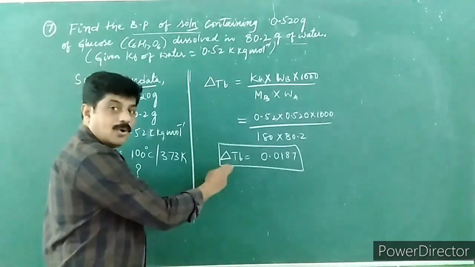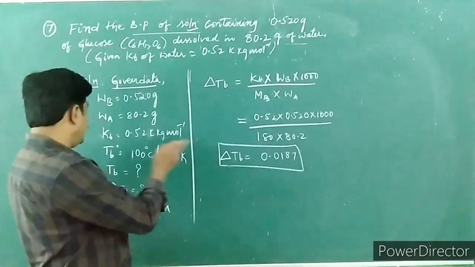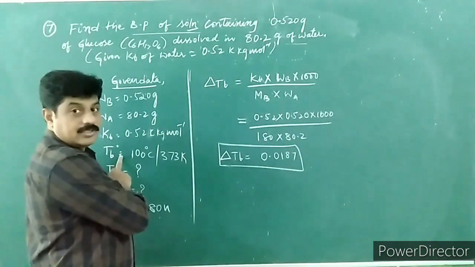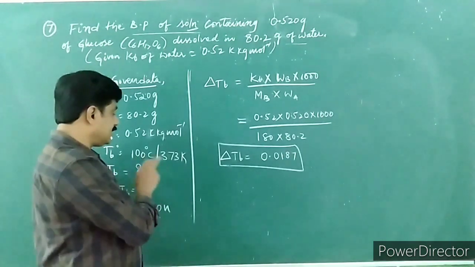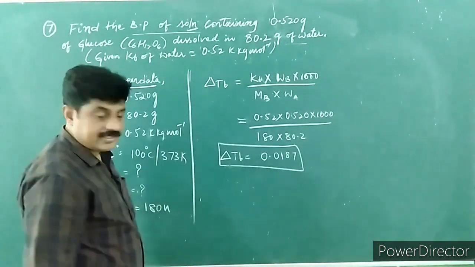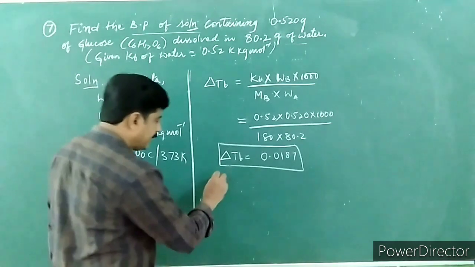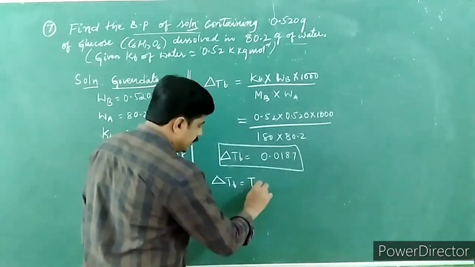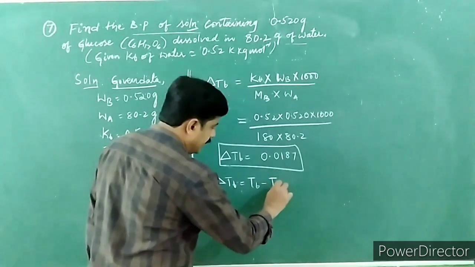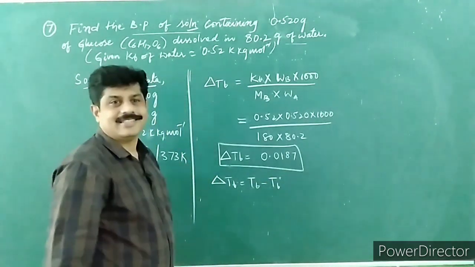Children, you got the delta TB value and you know TB naught, that is the boiling point of pure water, the solvent. In this case, it is 100 degrees Celsius or 373 Kelvin. Now you know the expression delta TB is equal to TB minus TB naught. Is it not?